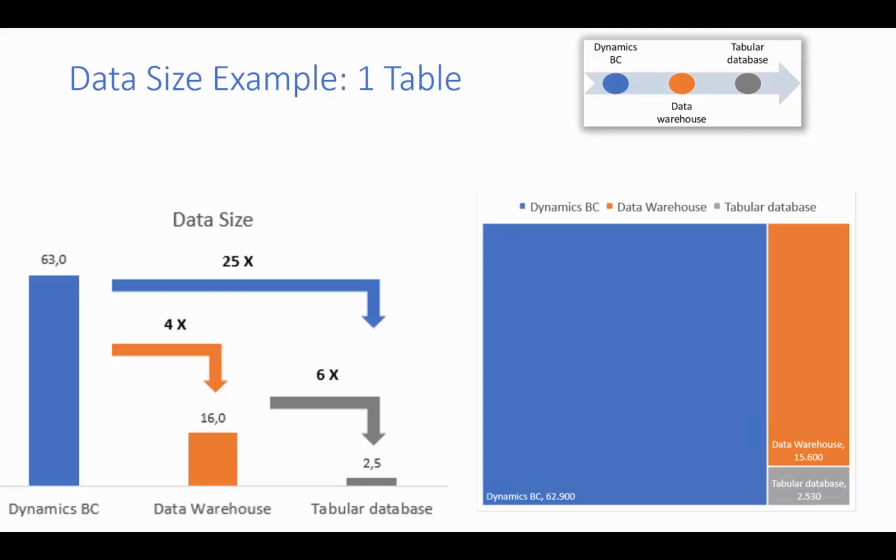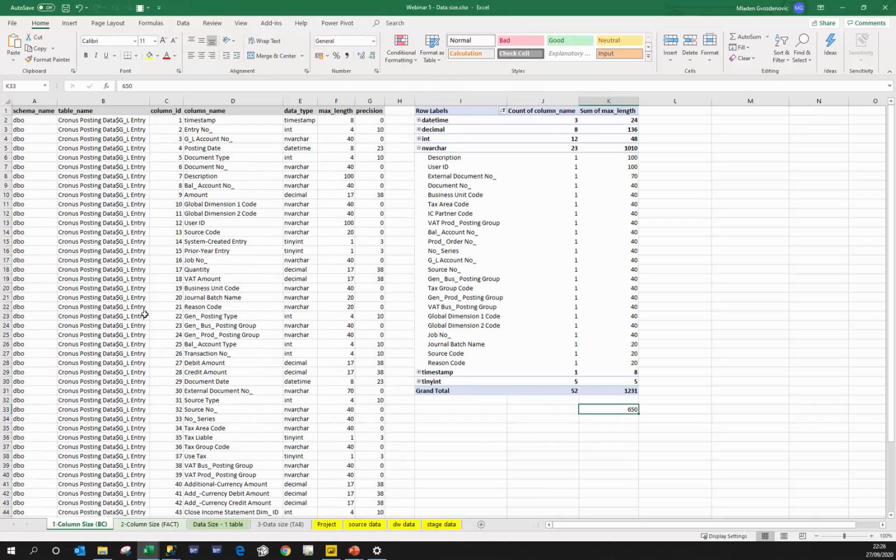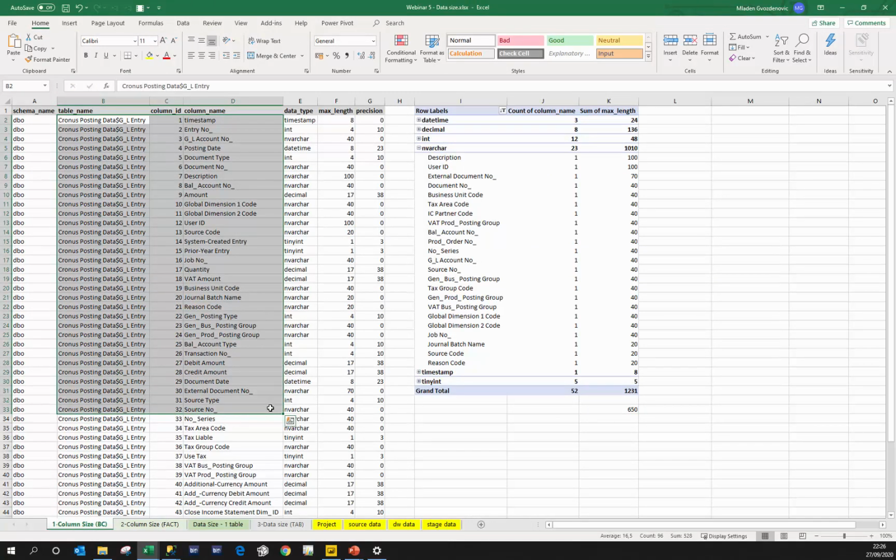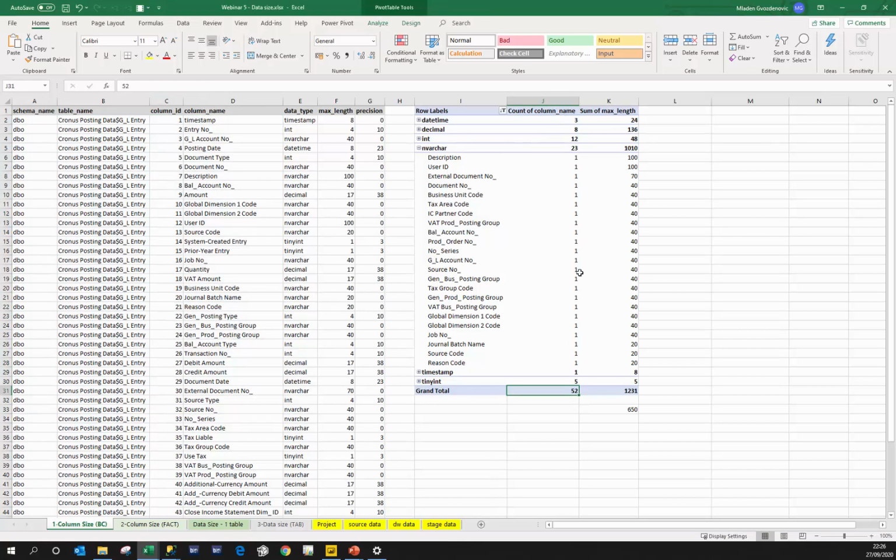So if we look into the size of the data in the source, these are all the columns in the source in Business Central, then we can see there are a total of 52 columns, and the string length, the length of all the columns together, is 1230 bytes.